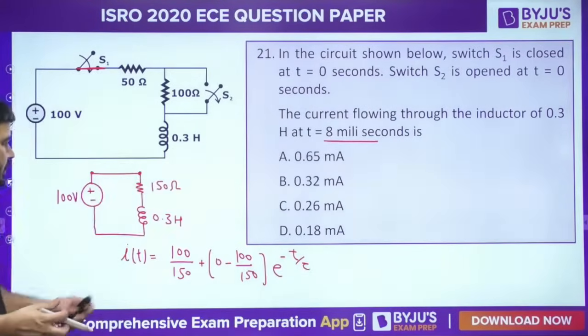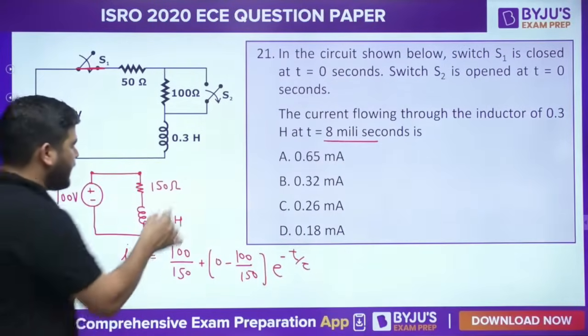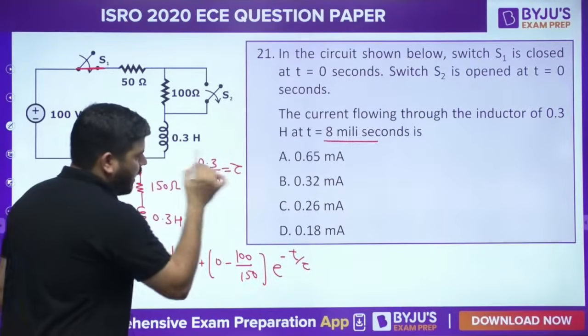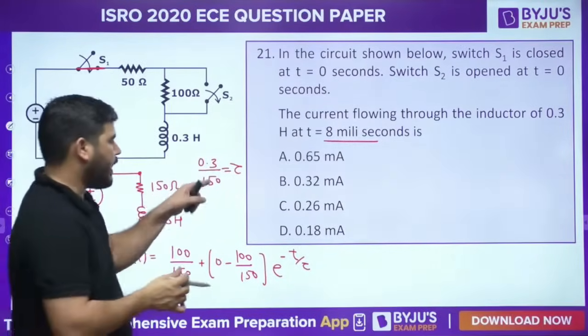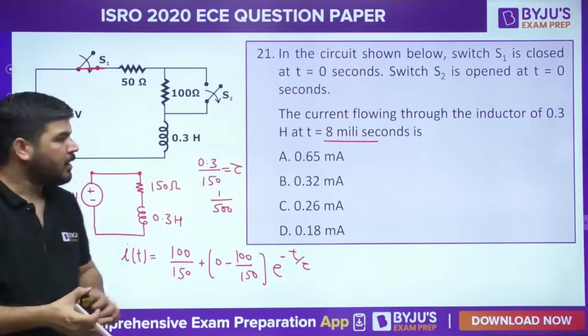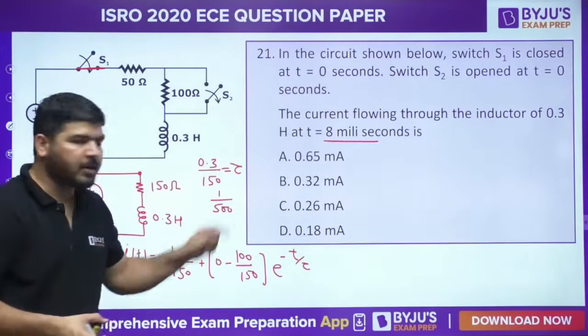Now what is tau? Tau is L by R equivalent. So L is 0.3 divided by 150. This is my tau, L by RTH. If you calculate this, it will become 1 upon 500.